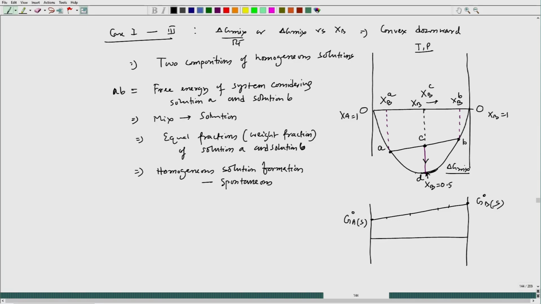Okay. So, we could see that when the delta G mix plot with x p is convex downward, whatever composition you take, ranging from x p equal to 0 to 1, when we mix two solutions of different compositions, there will always be another homogeneous solution phase with composition in between those two compositions.